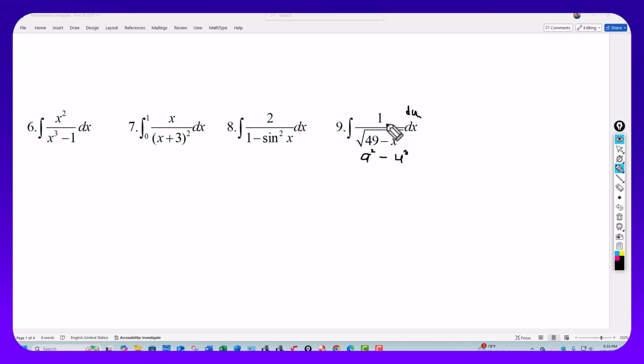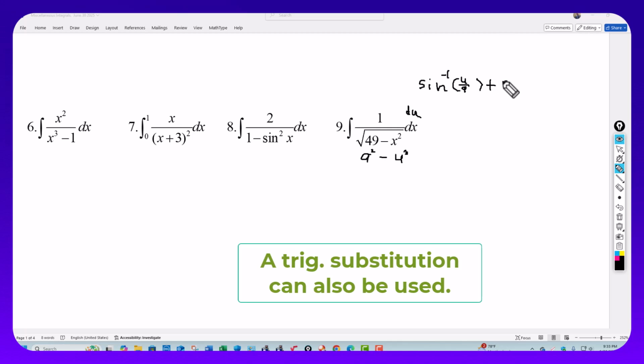And it simply tells you that if you have it in the form du over the square root of a squared minus u squared, here I have it as x, then the value of that integral is sine inverse. Sometimes they use arcsine of u, whatever u is. Sometimes u could be in terms of x, 3x, 5x. In this case, it is in terms of x. x and u are the same. Say this is going to be u over a plus the constant of integration.